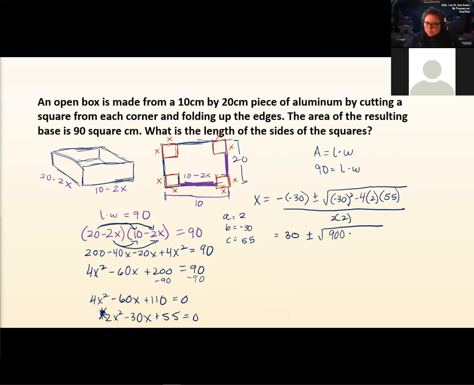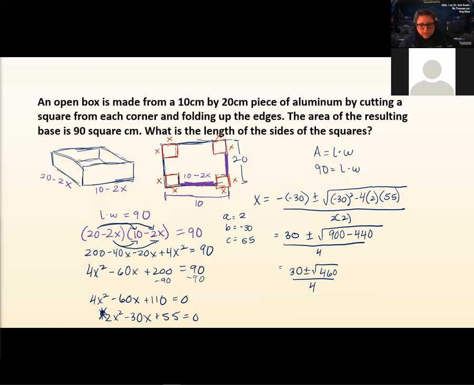Negative 4 times 2 times 55 is negative 440. And this is all over 4. Okay. So we have 30 plus or minus the square root of what? What's 900 minus 440? 460. 460, all over 4.